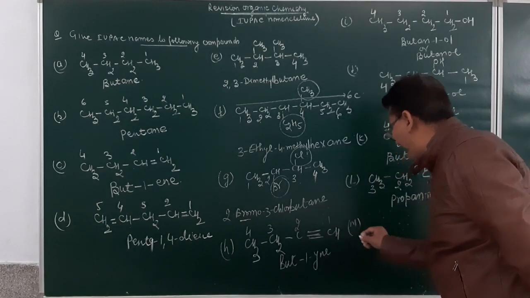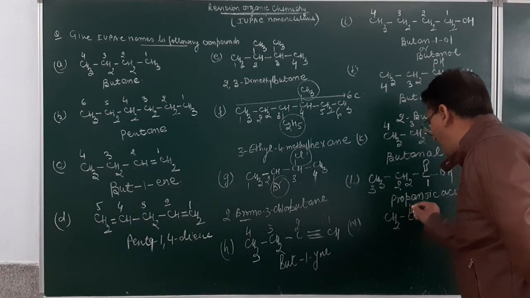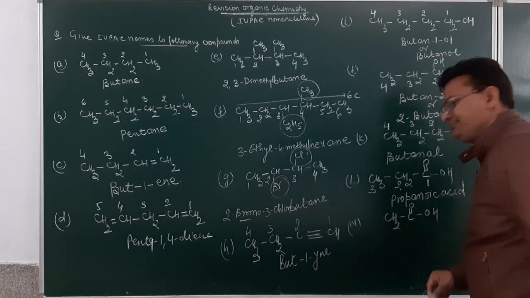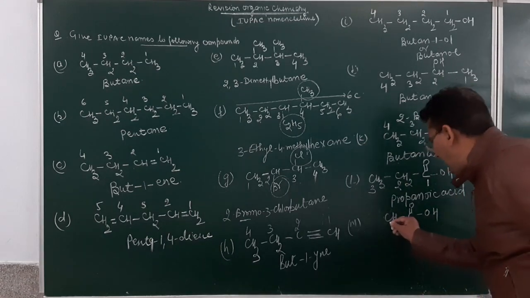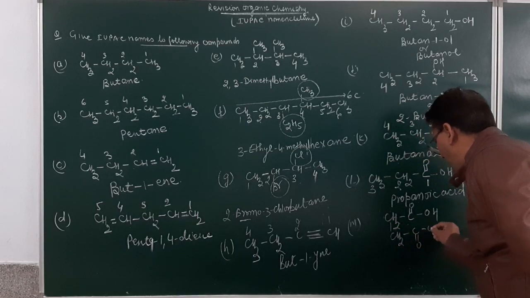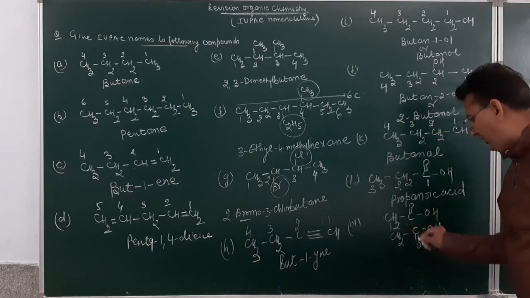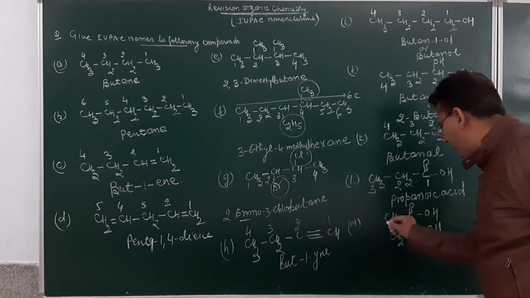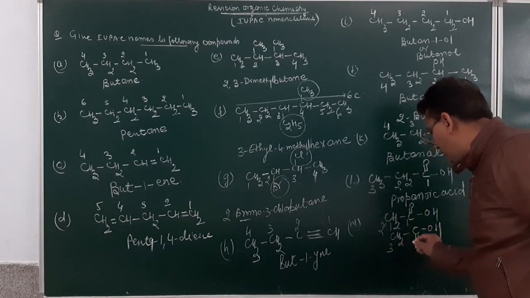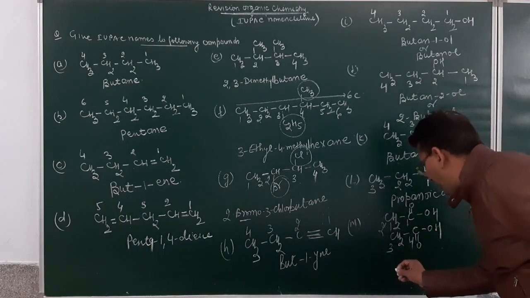Suppose we have got this compound CH2 and then C double bond O, OH. Then again over here we have got the group CH2 and then C double bond O and OH. Suppose we have to give the name to this compound. So how will we give this one? This will be 1, 2, 3 and 4. For 4 carbon atoms, what is the root word?